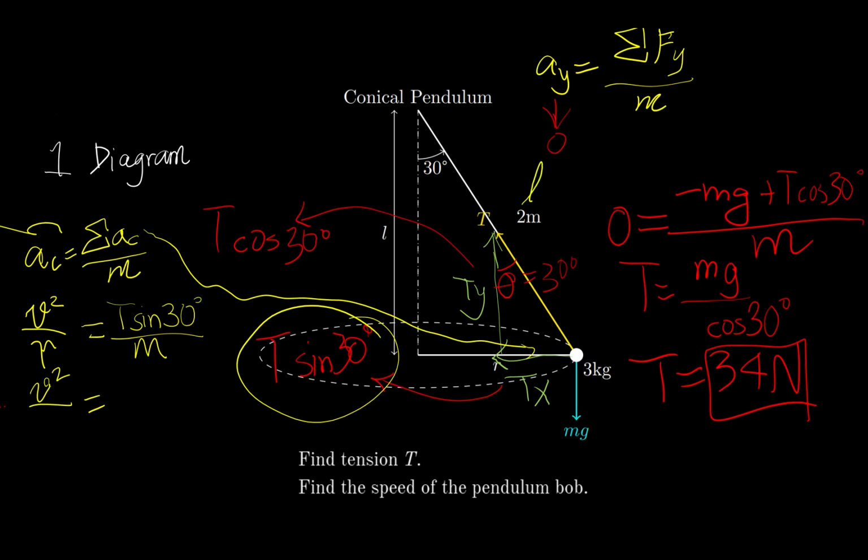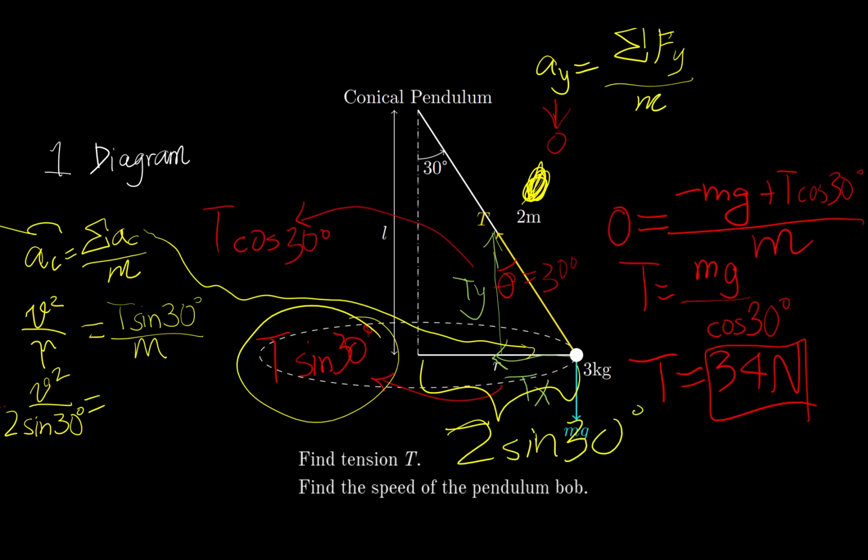Let's name this l, maybe 2 meters. So r is 2 sin 30, which is this part.